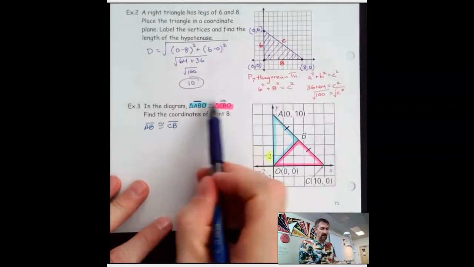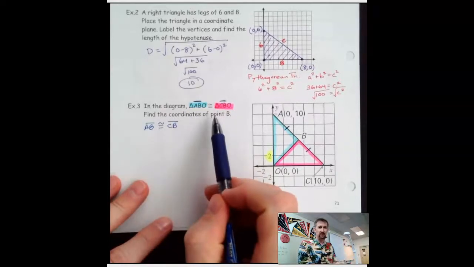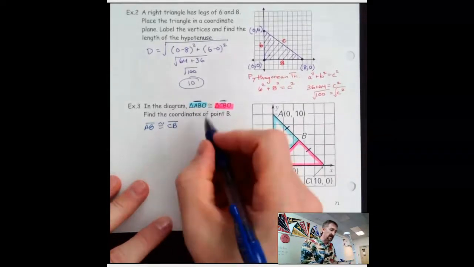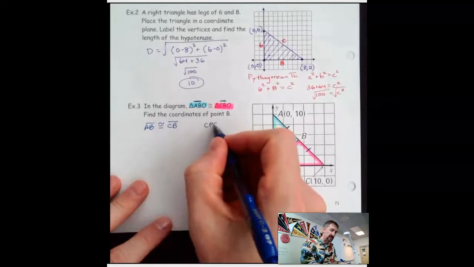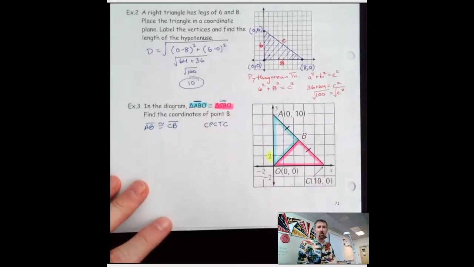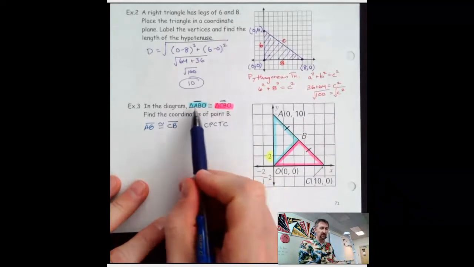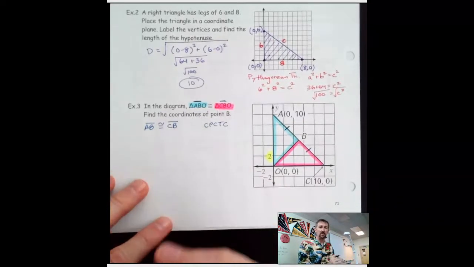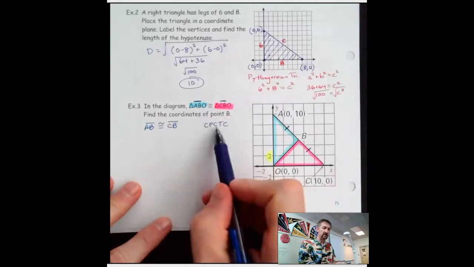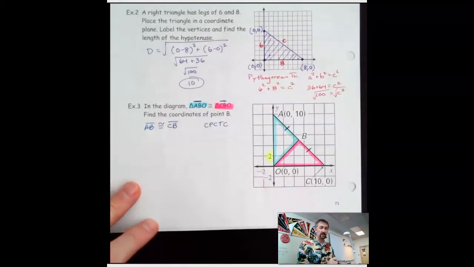So usually after we say that two triangles are congruent, the next reason after that is CPCTC. Corresponding parts, these two segments correspond with each other, they're in the same place. Corresponding parts of congruent triangles are congruent. So that's how we got those.